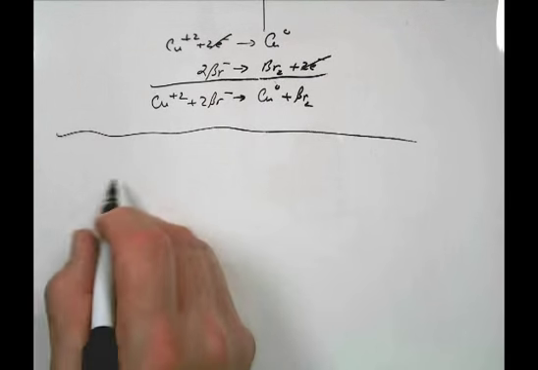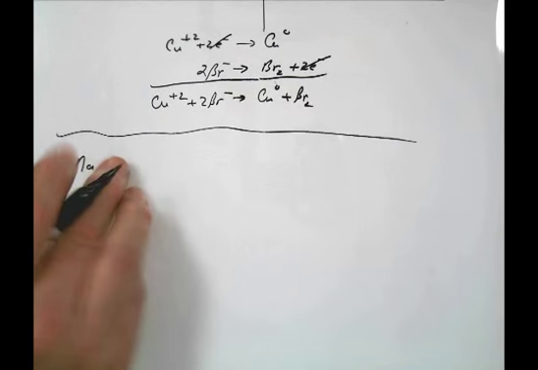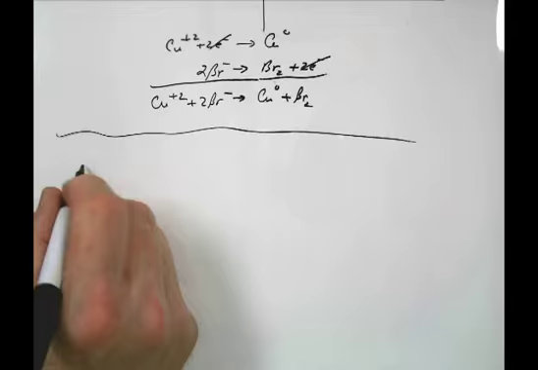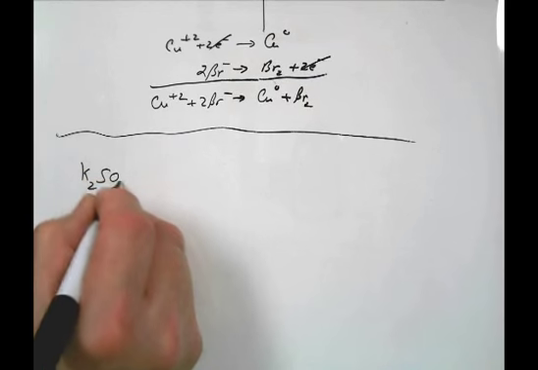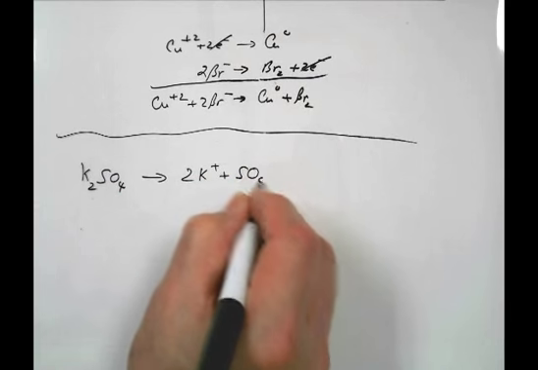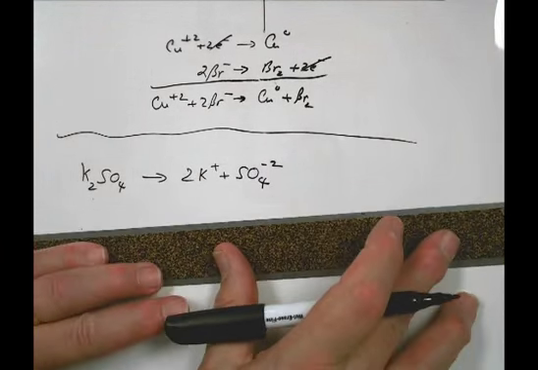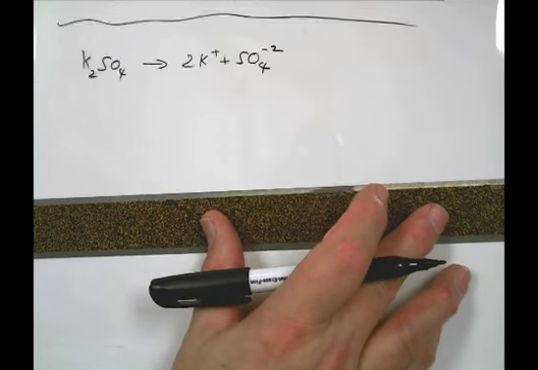So, again, this would be a sodium, let's do potassium. I think I got the numbers up here. Potassium sulfate ionizes to a couple of potassiums and your sulfate like that. And so it would be potassium and sulfate potential oxidations and reductions in this case.